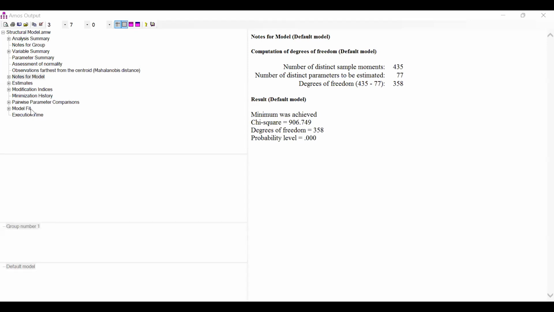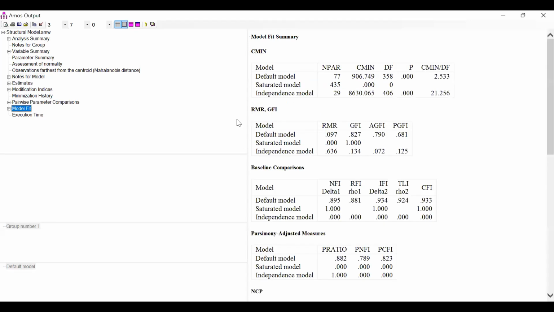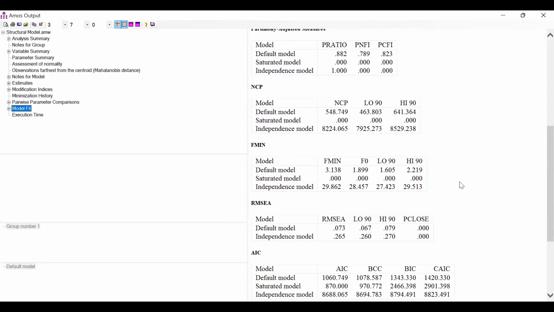Yeah, and now you can see the model fit has improved quite a bit. Chi-square by degrees of freedom has improved. So have GFI, AGFI, NFI, RFI, all of them, as well as RMSEA. So in this way, you go on doing a trial and error method till you get the model fit indices all in the good and acceptable zone. And that's the last model fit that you need to report.